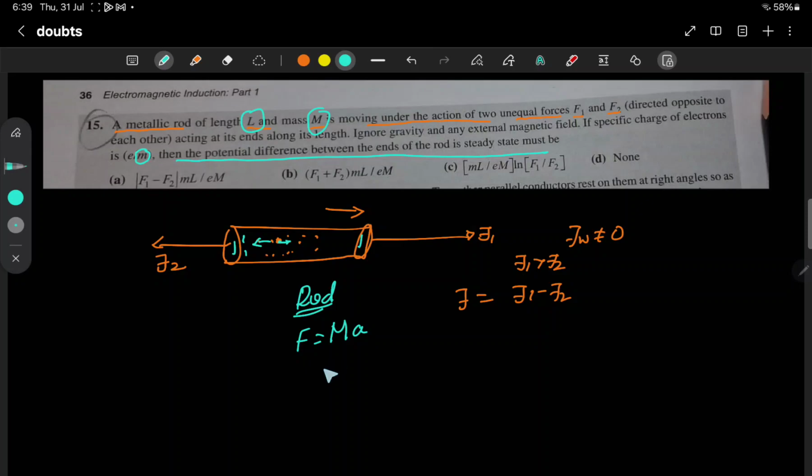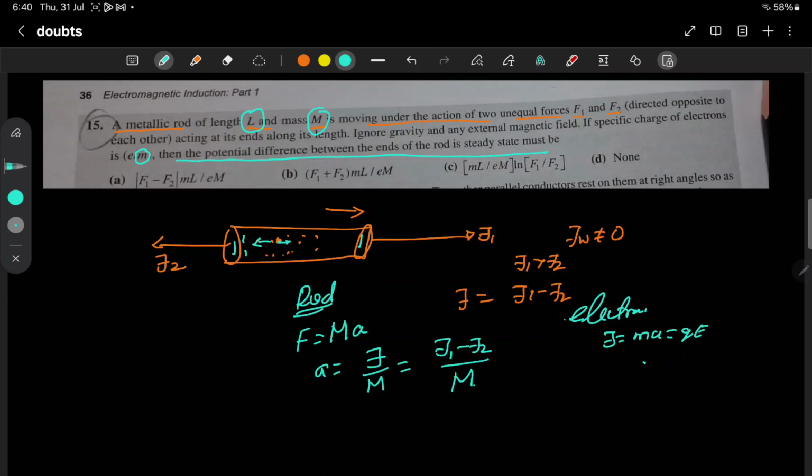So for our rod, your acceleration will be equal to F by M. Okay, this F is net force, which is F1 minus F2, whole divided by M. Okay, but if you take electrons, certainly a potential difference is going to develop, an electric field is going to develop. So here your force, which is equal to ma, which is nothing but qE.